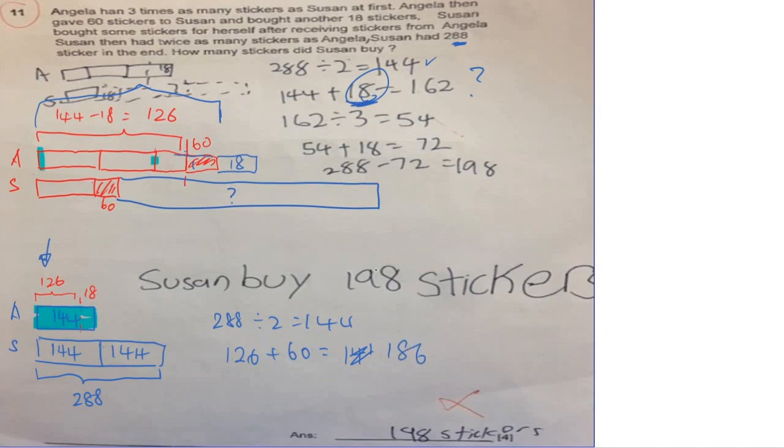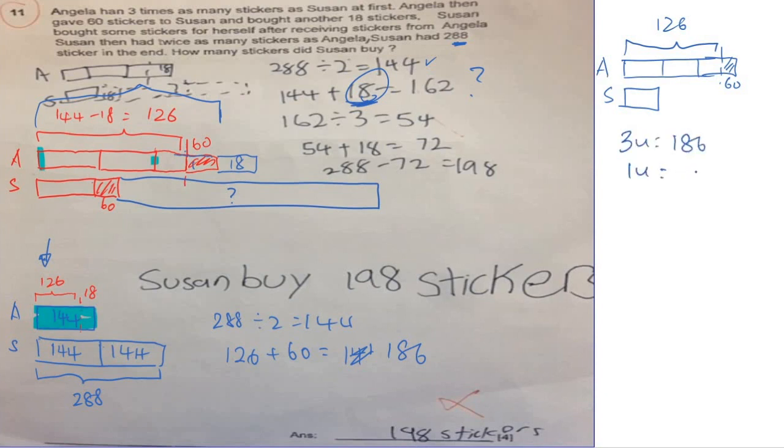Hope you can see it properly, because I drew here and there. Initially Susan is 1, then Angela is 3, and this 3 is composed of the 60 that was given away and this 126, which we already calculated. So 3 units equals 186. So 1 unit equals 62.